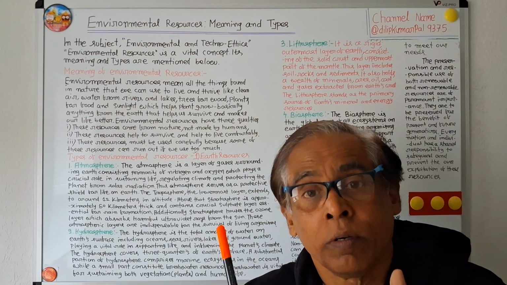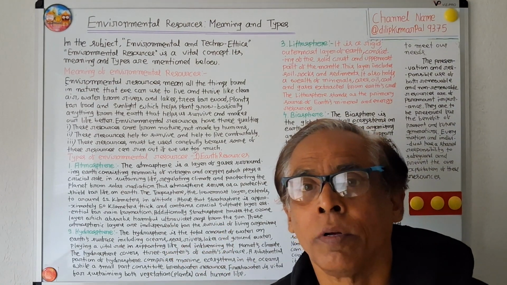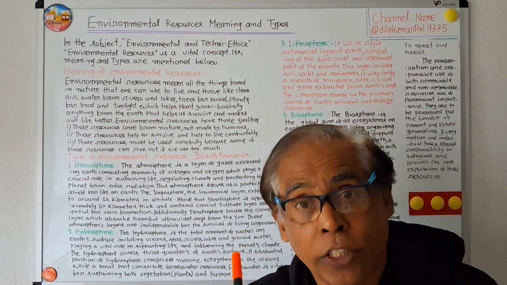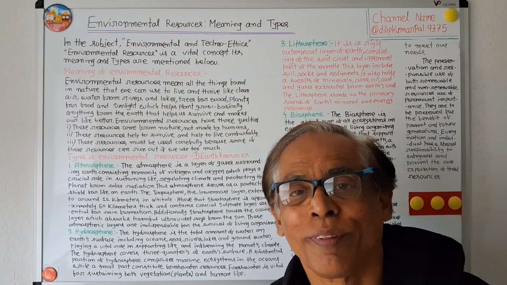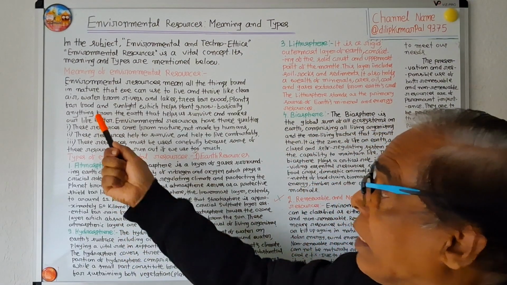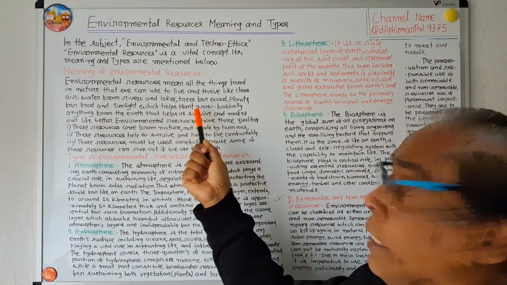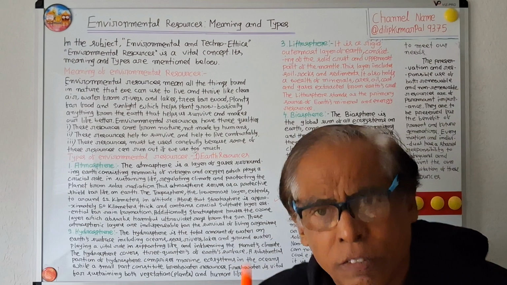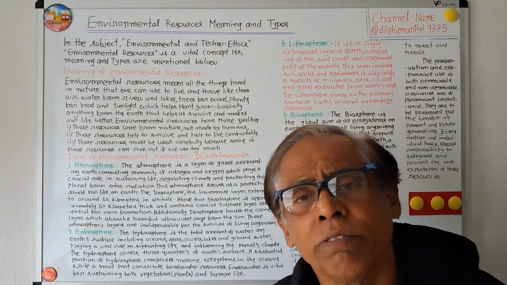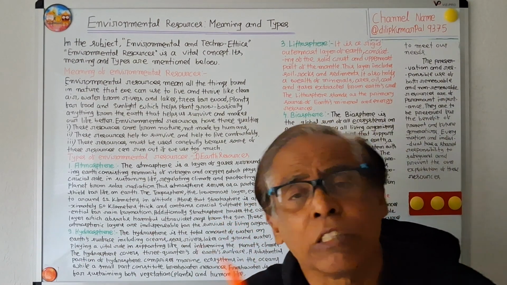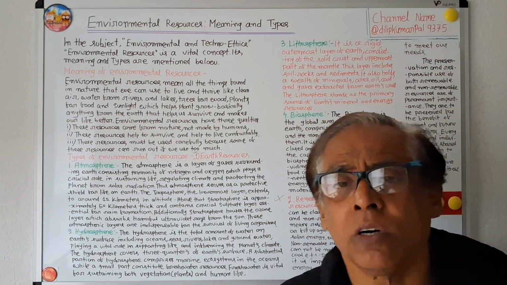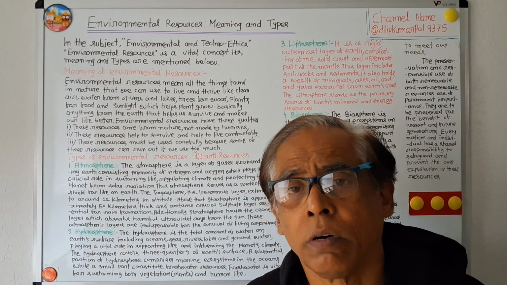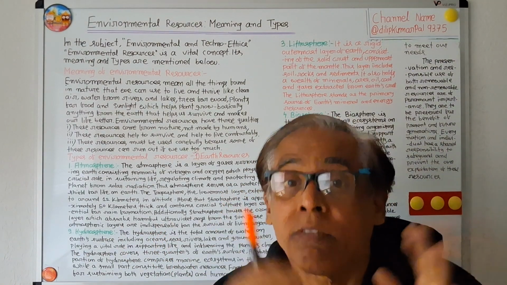For example, clean air, clean water, trees for wood, plants for food, sunlight. These are very much essential for the existence of organisms. So any resource of nature or environment which is essential for the survival of organisms is known as environmental resources.